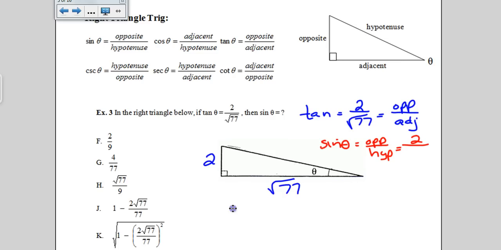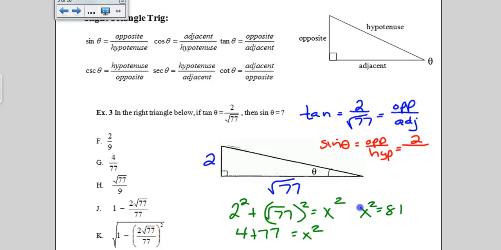So Pythagorean theorem says leg squared plus leg squared equals hypotenuse squared. So that would be a 4 plus 77. So that would be x squared equals 81. So your hypotenuse is a 9. So 2 over 9 would be the value of my sine function, and that's the answer.